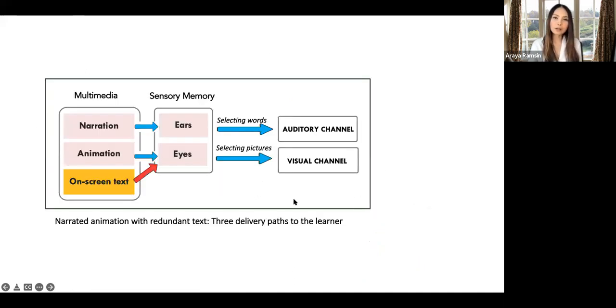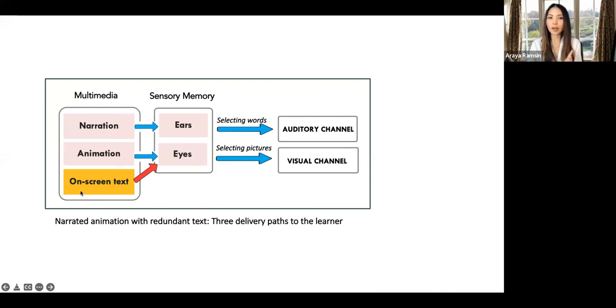You can take a look at this diagram. If you have all three things here, you have narration, the audio. The narration goes into your ears and is processed in the auditory channel. Animation or pictures that you are looking at go into your eyes and are processed in the visual channel, and that is good.